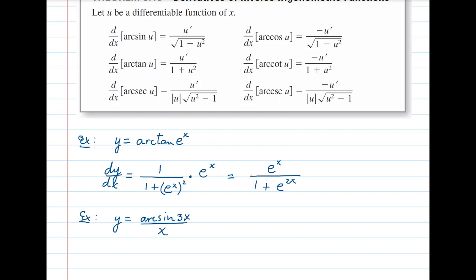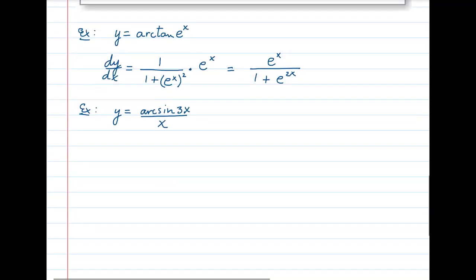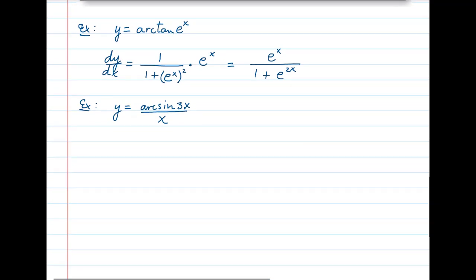Here's another example. We have y equals arc sine 3x over x. We want to find the derivative of y, or in other words, the derivative of arc sine 3x over x. And since we have a quotient, we have to apply quotient rule here.